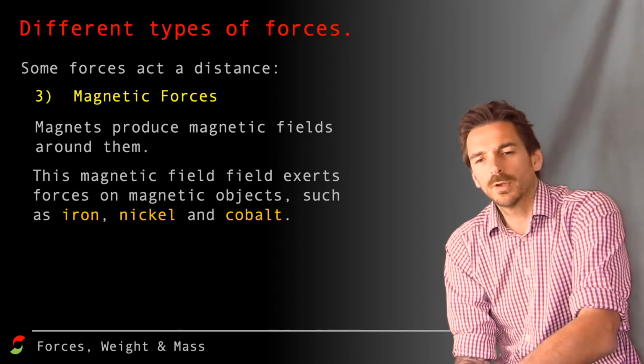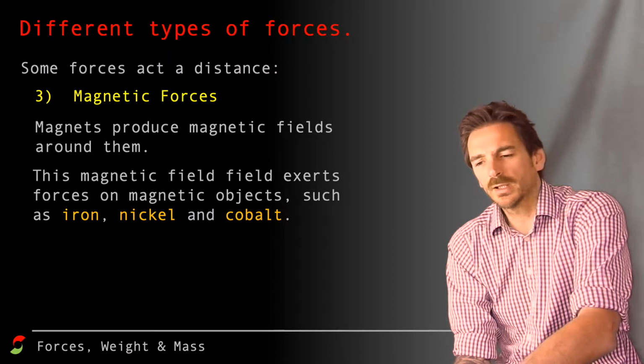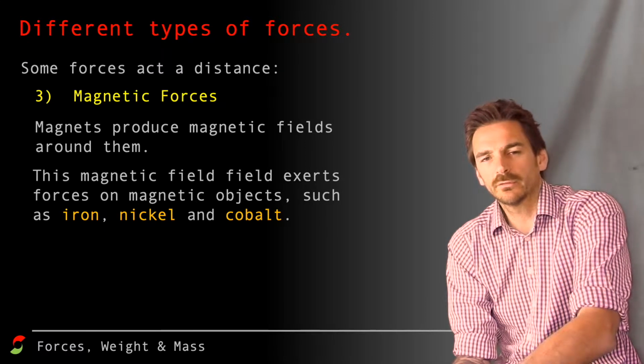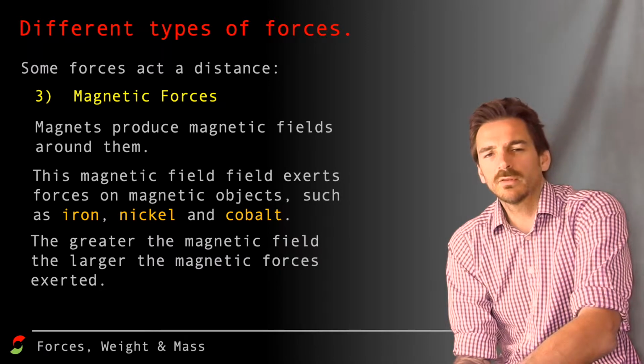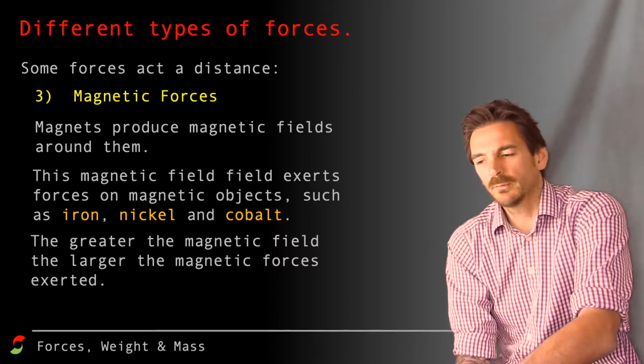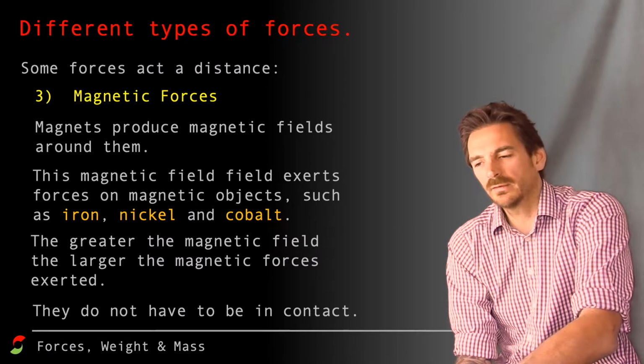Common materials are iron, nickel and cobalt. The greater the magnetic field, the greater the magnetic forces that can be exerted, and they don't need to be in contact, they can act at a distance.